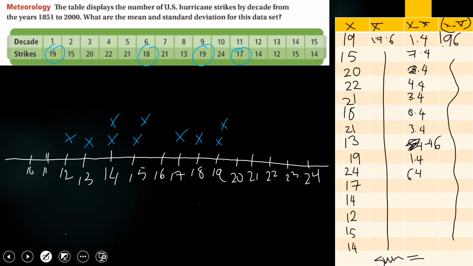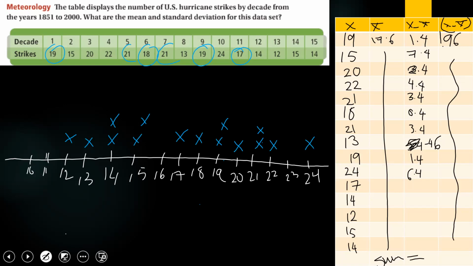How many 20? We have 1. How many 21? There are 2, 1 here and 1 here. How many 22? We have 1. How many 23? There is none. How many 24? There is 1. After we represent them here, we have to say, now, what was the mean?